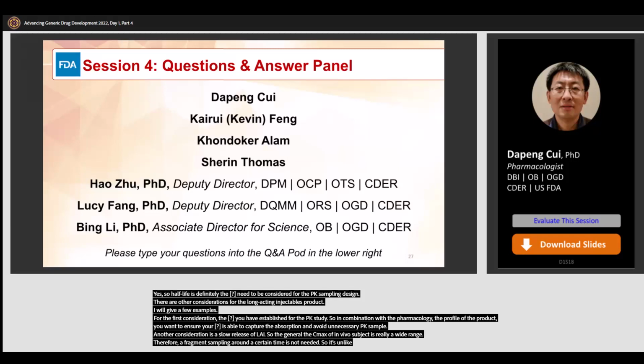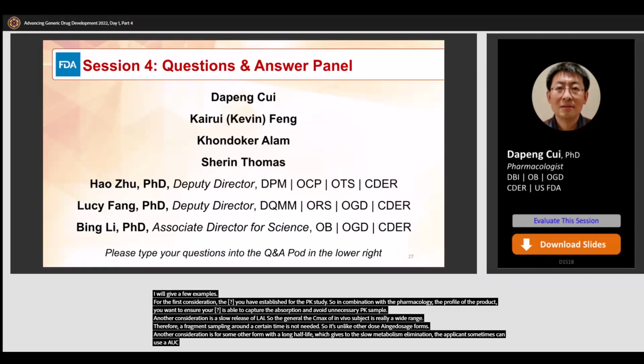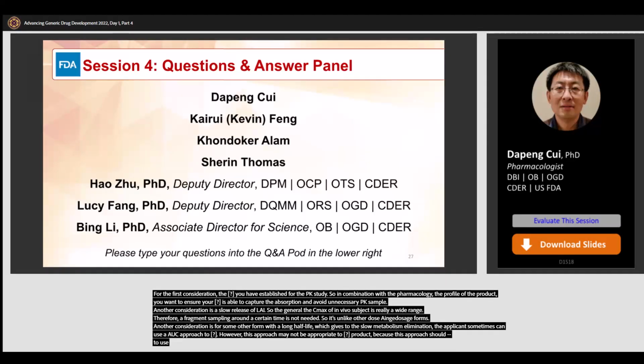Another consideration is that for some other dosage forms with a long half-life, which is due to slow metabolism and elimination, the applicant sometimes can use a suitably truncated AUC approach to characterize the total exposure. However, this approach may not be appropriate for a long-acting product, because if you choose to use this approach, it should cover the complete absorption phase.